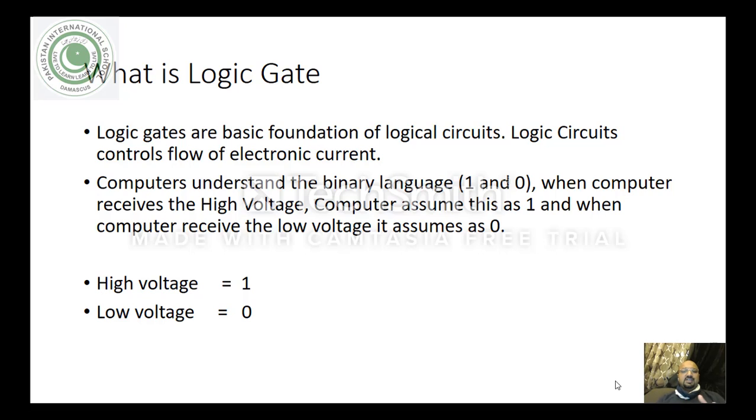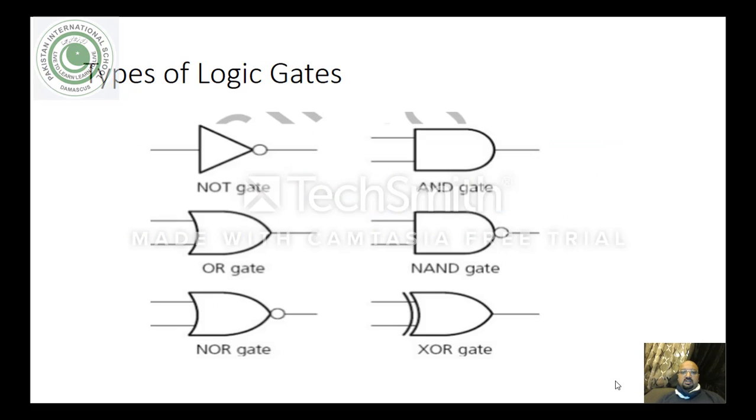When the computer receives a high voltage, it assumes that this is a 1, and when it receives a low voltage, it assumes 0. So whenever the processor gets a voltage, it is converted into ones and zeros. This is actually what the whole theme is about.